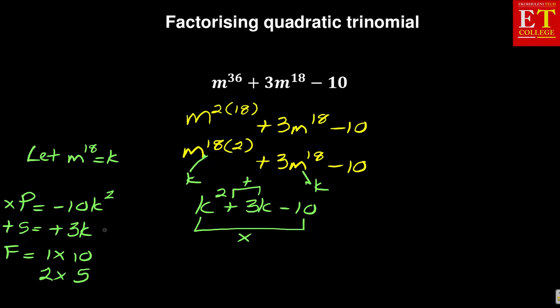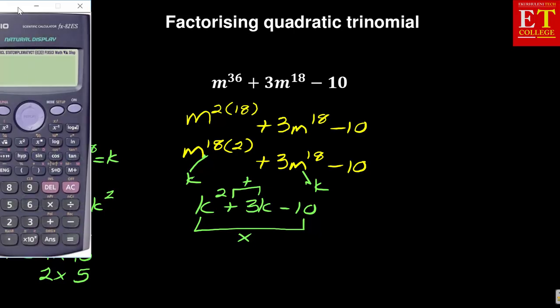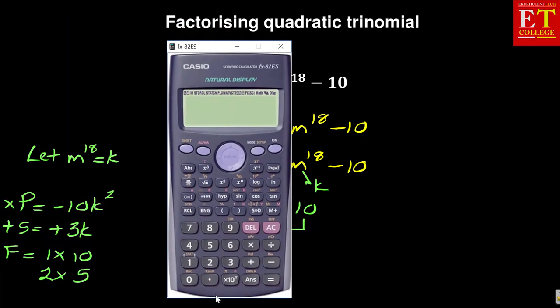So if I take my calculator and play around with it, you can see what I'm talking about. If I say 1 times negative 10, I'll always get a negative. Or negative 2 times 5, as long as one of the numbers is negative, I will get the negative number shown there.